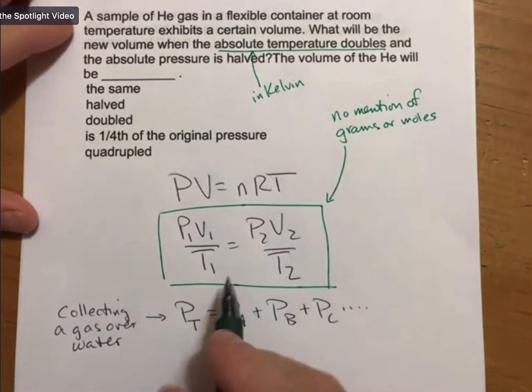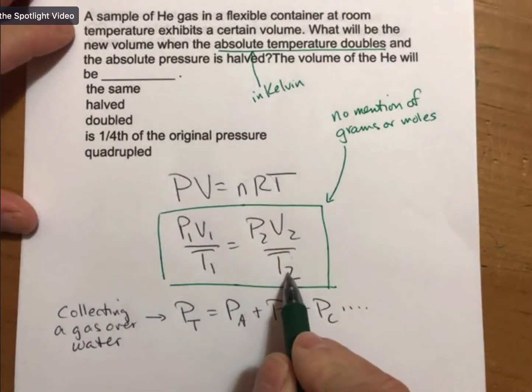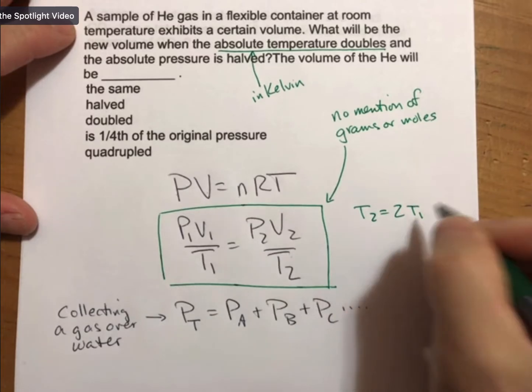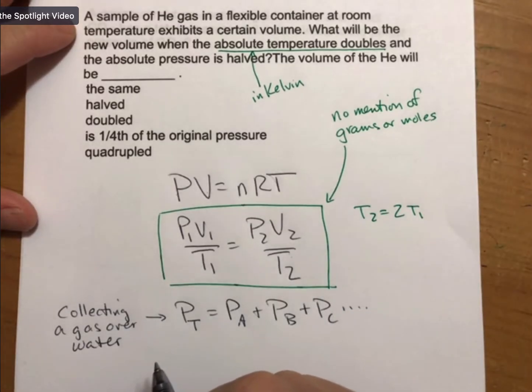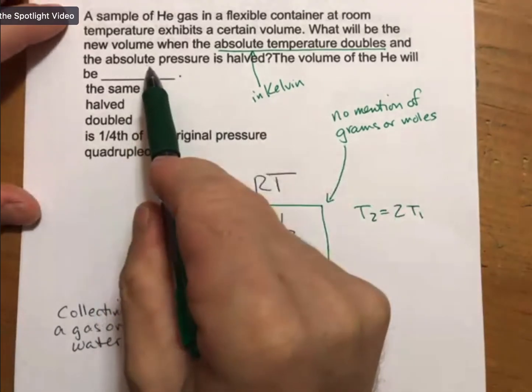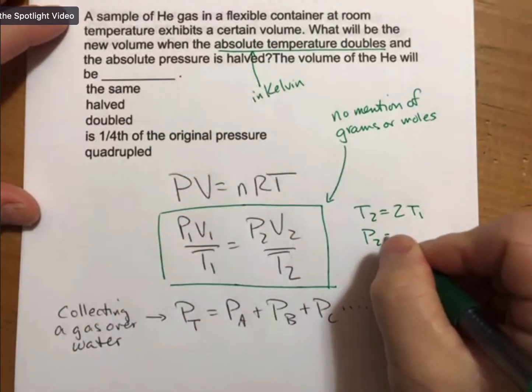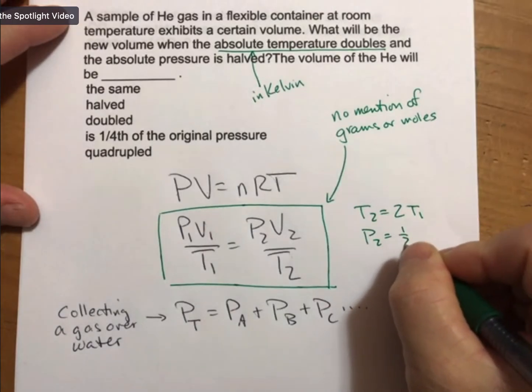What that means is that T2 equals 2 times T1. And the absolute pressure is halved. That means P2 equals half P1.